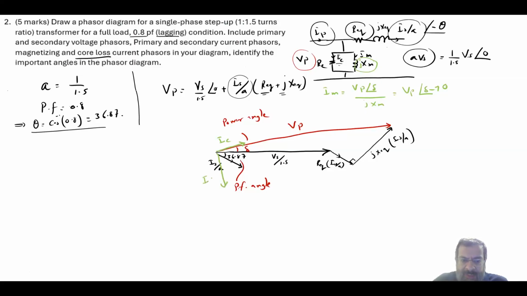This is your IM. And this is a 90 degree angle. The angle from this would be your angle of delta minus 90. Okay, so that is the phasor diagram. The two most important angles are the power angle and the power factor angle, and this is the total phasor diagram of a transformer.